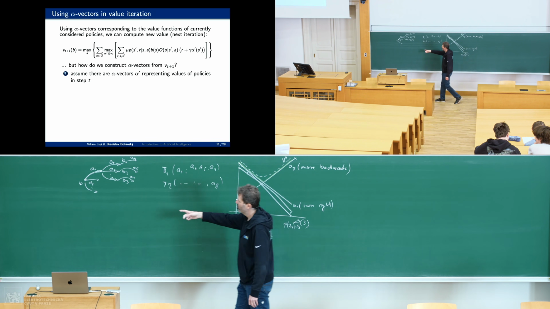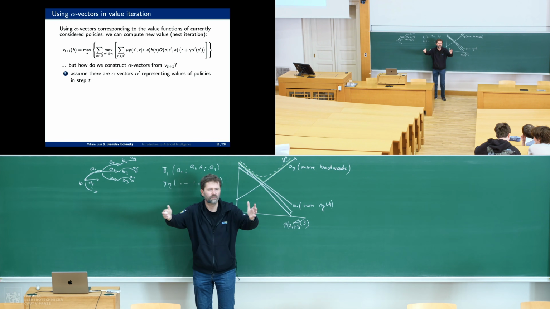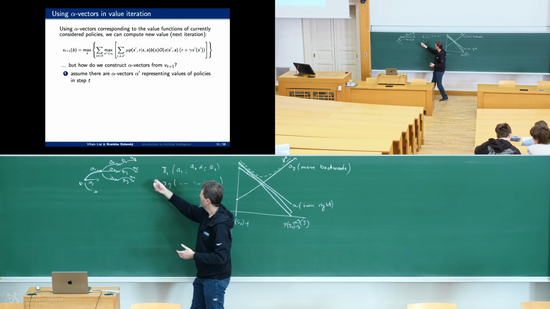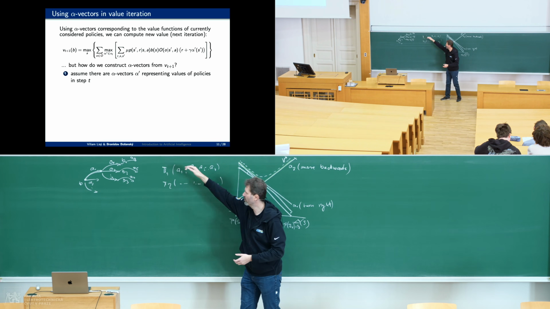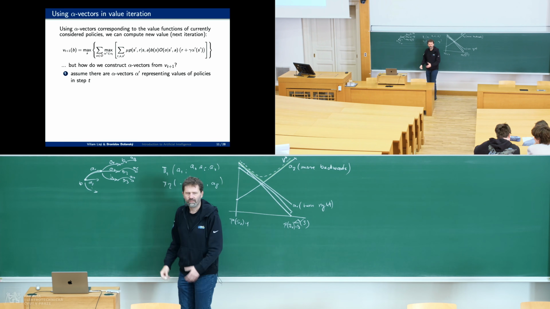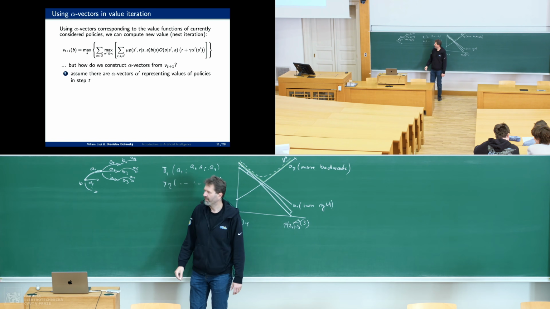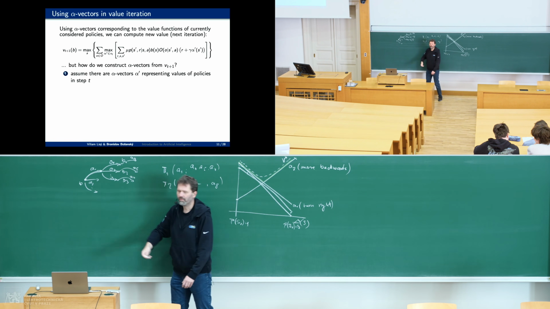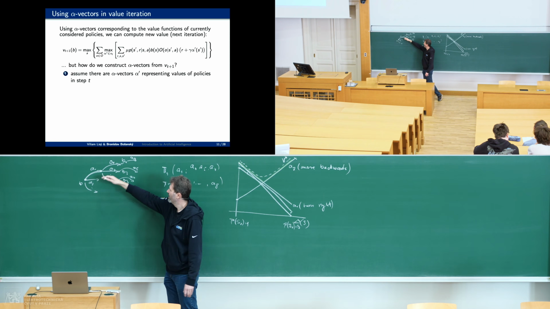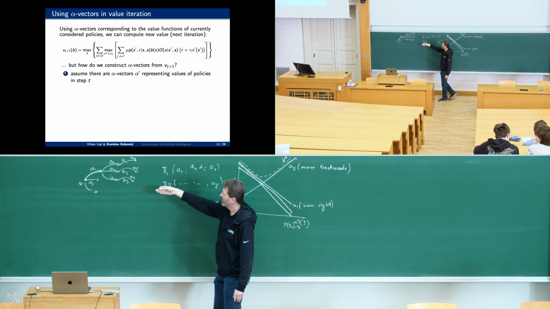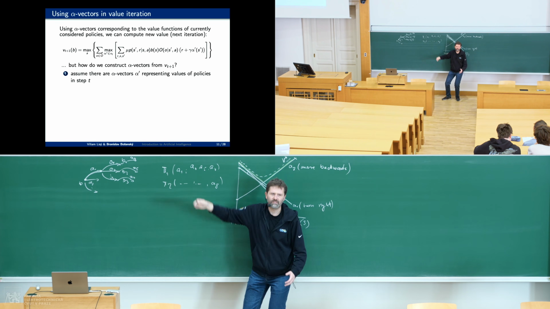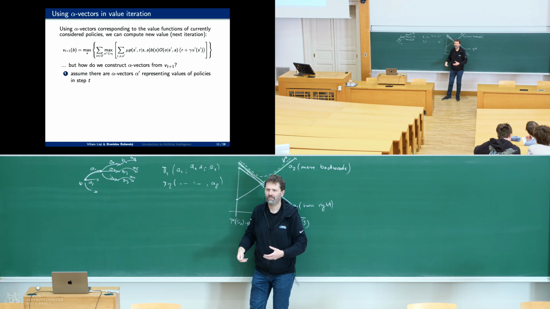But let's assume that I have some set of two-step policies, P1, P2, and so on, and these are all the two-step policies. When I'm going to construct three-step policies, I will start again in some belief point, and I can choose some action, and then depending on the observation, I can choose from two-step policies. This way I will have three-step policies.